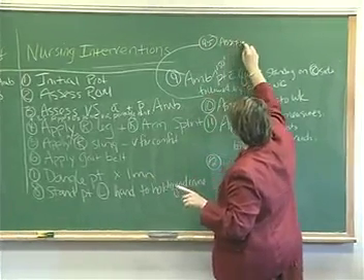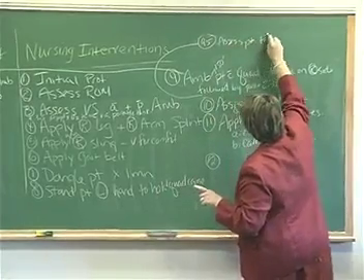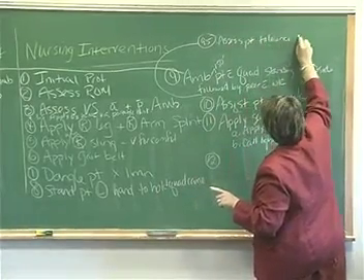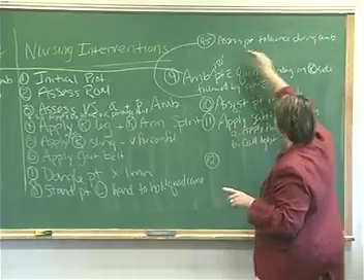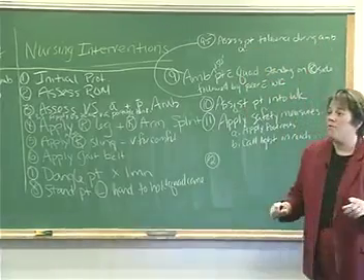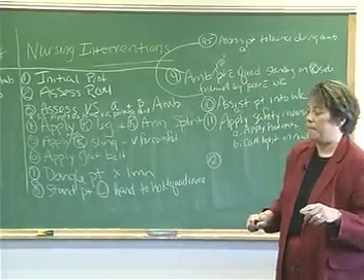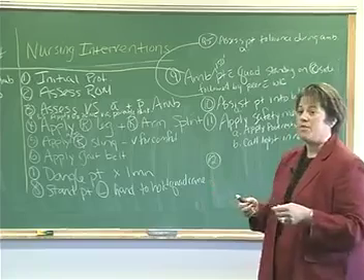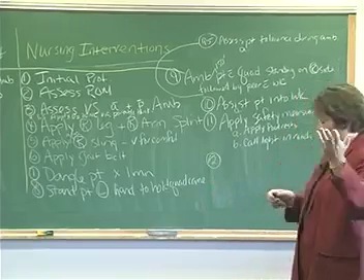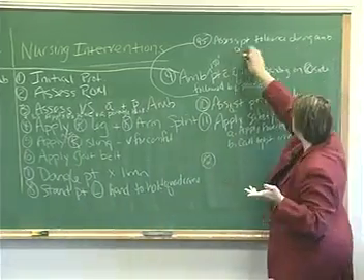Assess patient's tolerance during ambulation. Too global, we've got to make it specific. So what are the things that are going to tell us while we're actually moving with this patient if he's tolerating it? Okay? So we're assessing patient for tolerance.